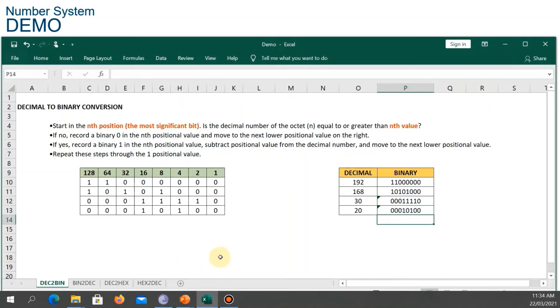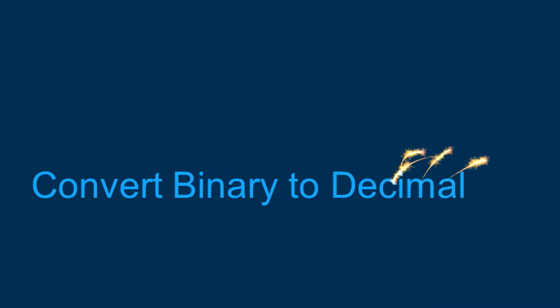So it's up to you whether to follow this algorithm or the one I just demonstrated. All right, so that's how simple it is to convert decimal to binary.